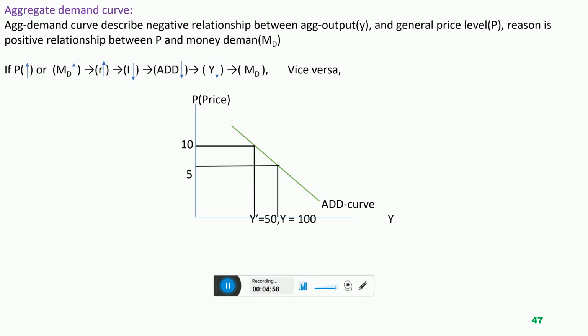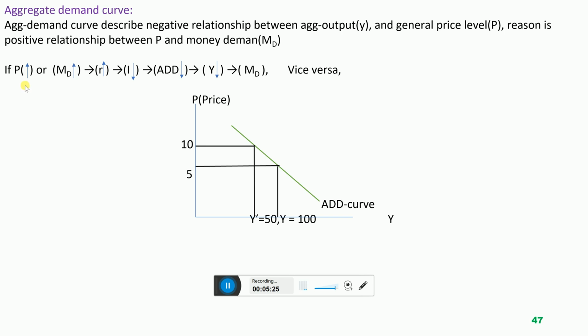Now, to finance daily buying and selling, to finance daily expenditures, people have to keep more cash in hand. Why? Because prices increase and things get expensive. So when things get expensive, we have to keep more money in hand to purchase goods and services.